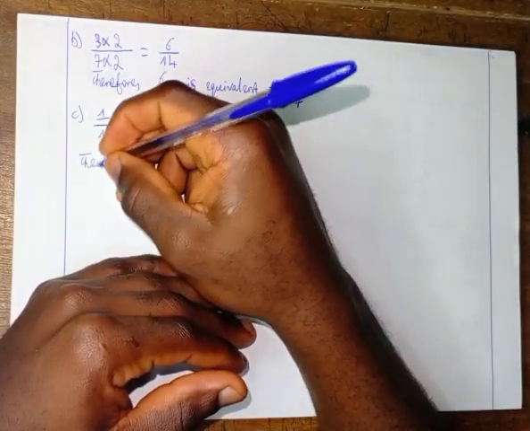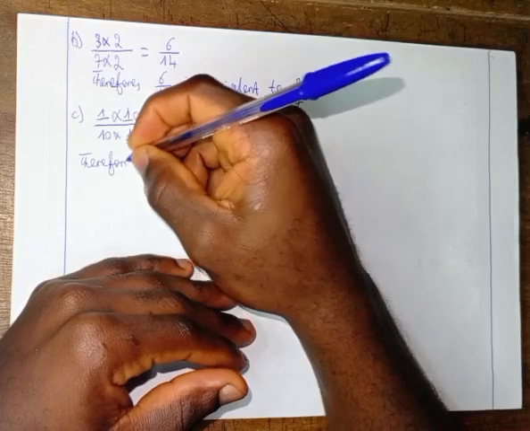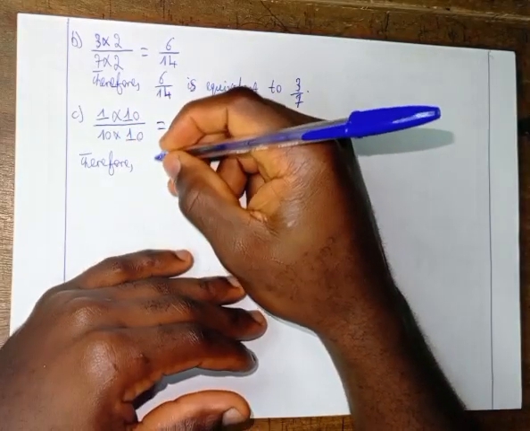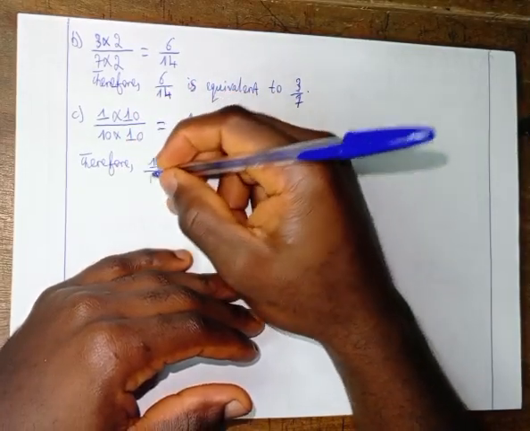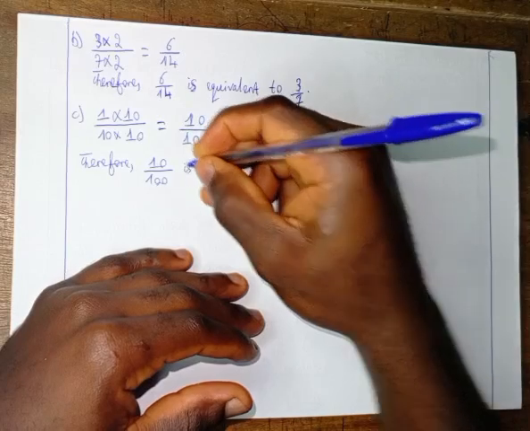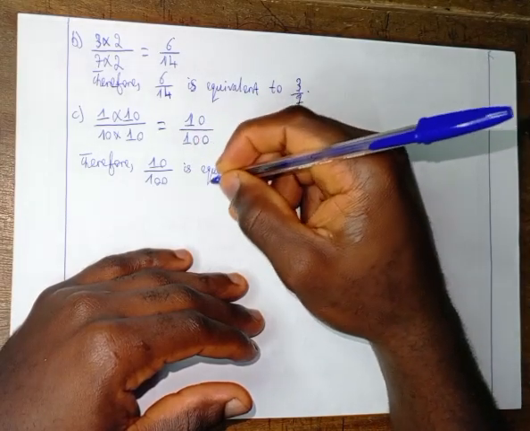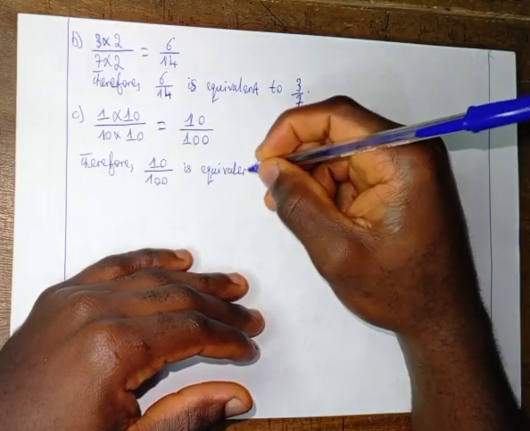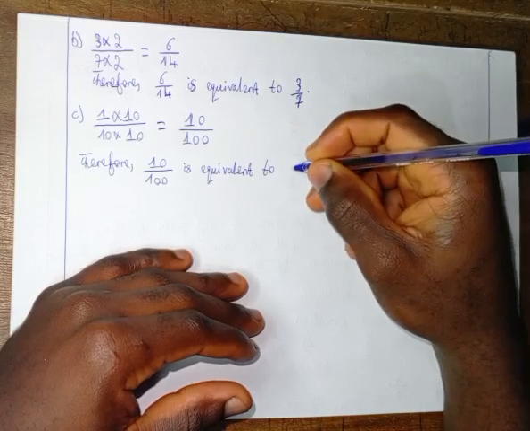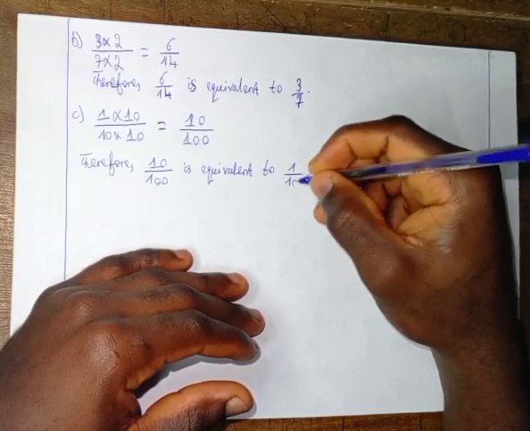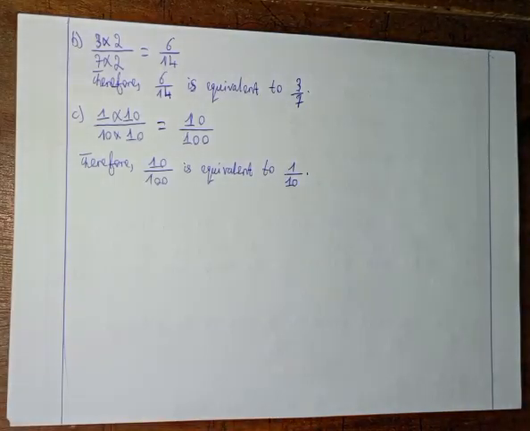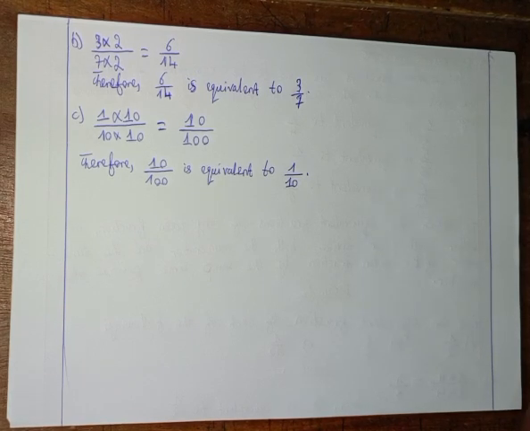Therefore, 10 over 100 is equivalent to 1 over 10. So you notice that for any given fraction, we have an infinite number of equivalent fractions of that fraction. We take note of that.